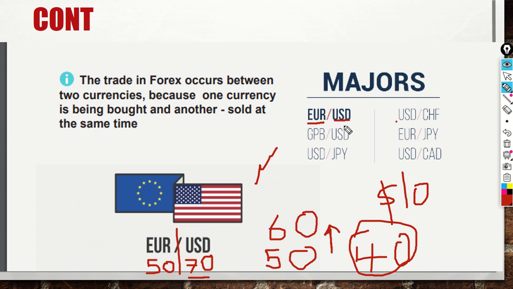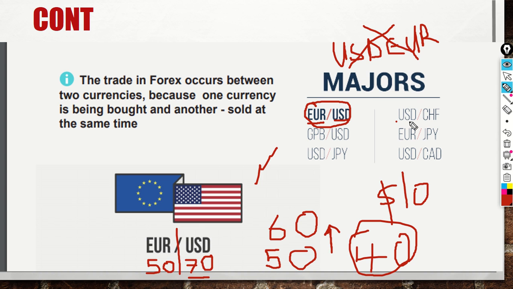So like I said before, each currency is traded against another currency. When we have EUR/USD as a currency pair, there is nothing called USD/EUR. This will not exist because we already have the euro quoted against the US dollar.